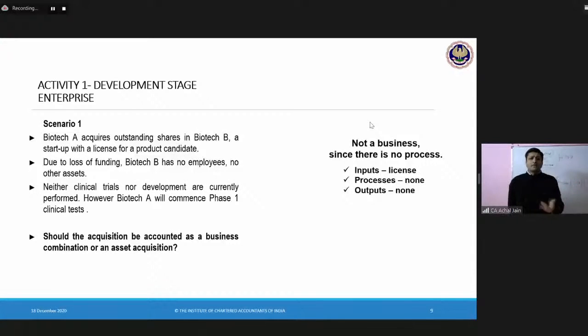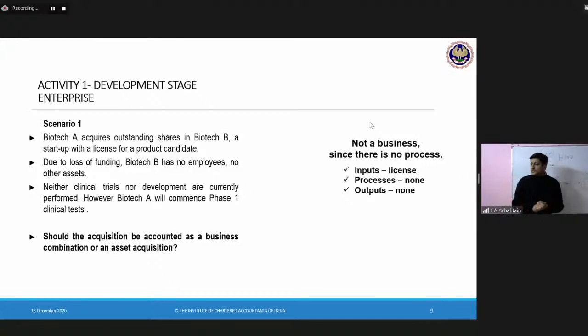No development is currently being performed. However, Biotech A, after acquiring Biotech B, will commence phase 1 clinical tests. Because if Biotech A is acquiring Biotech B, this license will also come to A. So A's plan is that they will commence clinical tests.